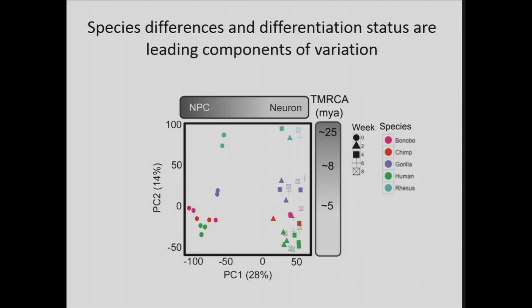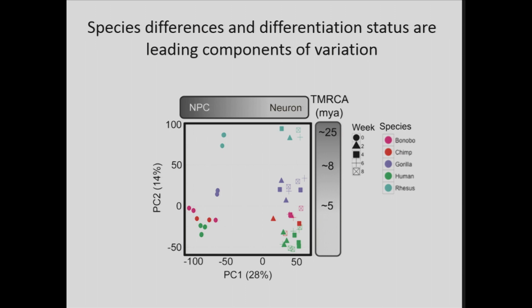So on PC1, we can see that the biggest difference is between cell state. On the left, all of those circles are our neural progenitor cells, and on the right are all of our neurons. And this comes back to what I told you at the very beginning, that independent of what species you are derived from, a neural progenitor cell is a neural progenitor cell, and a neuron is a neuron. This is a highly conserved state.